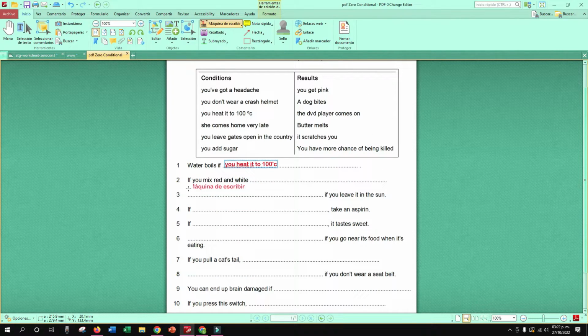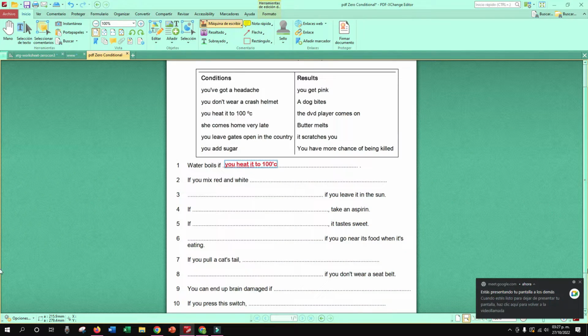Si ya comienza con la if clause, usted se va a ir a la columna de results, ¿verdad? Allí va a elegir cuál es la otra oración apropiada para completarla. Si ya comienza con la main clause, usted se va a ir a la columna de conditionals, right? Y elija la oración correcta, okay?